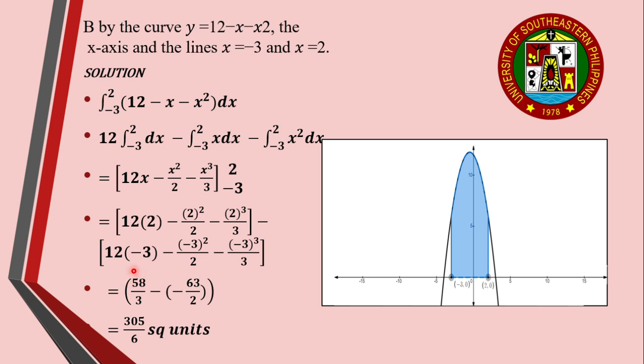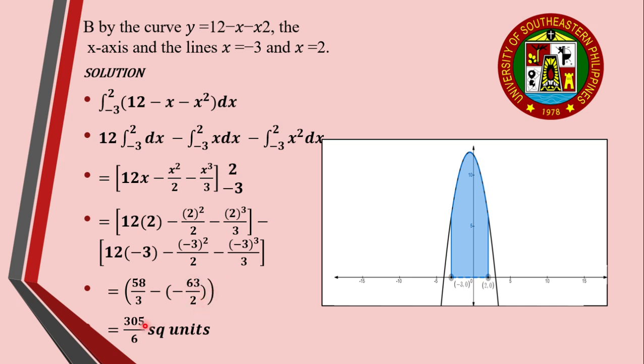So we're going to substitute also the negative 3, which is the lower bound, which we're going to subtract from 58 over 3. So 12 times negative 3 minus negative 3 squared over 2 minus negative 3 cubed over 3 is equal to 63 over 2.